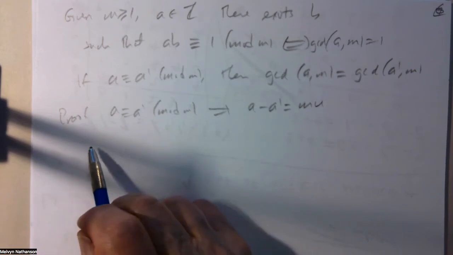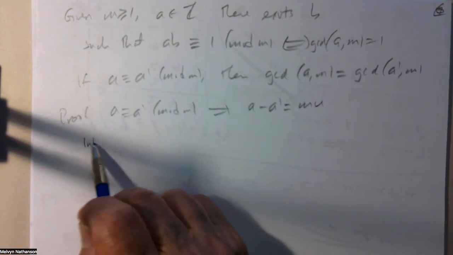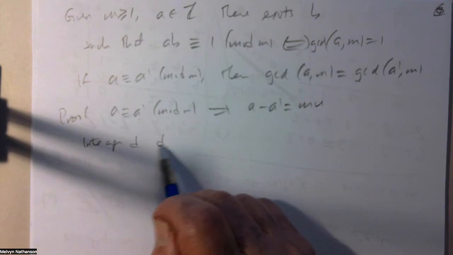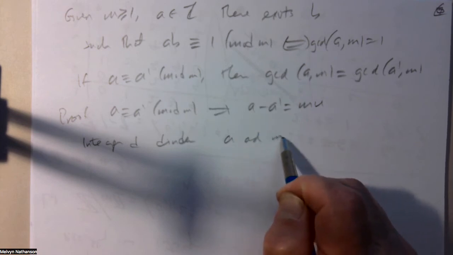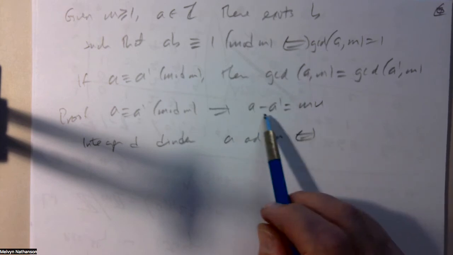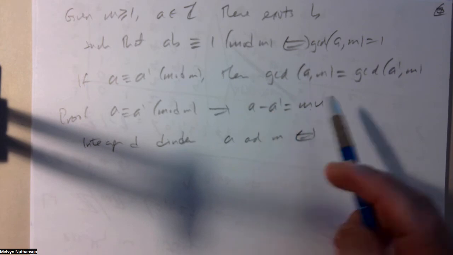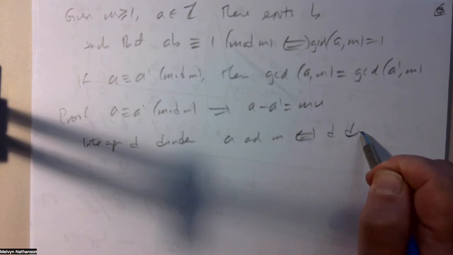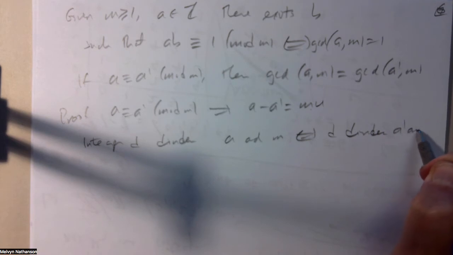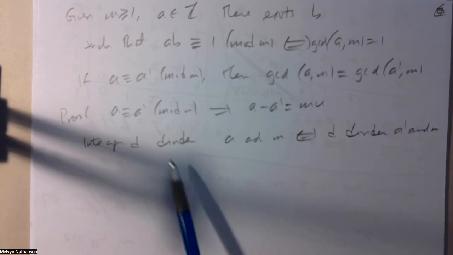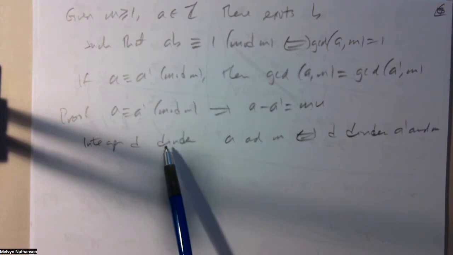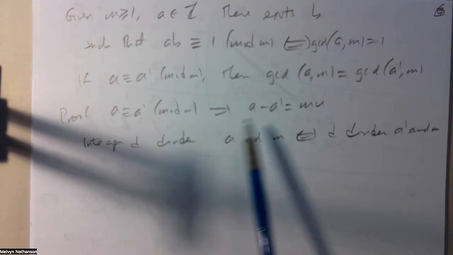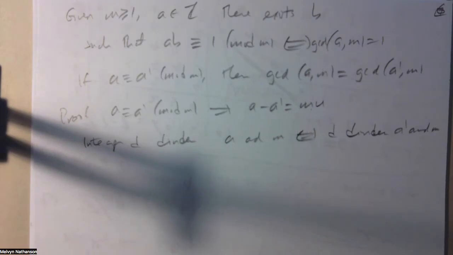So an integer d divides a and m, it divides a and it divides m, if and only if d divides a prime and m. So the common divisors of a and m are exactly the same set of integers as the common divisors of a prime and m. And the largest element in that set is the GCD.